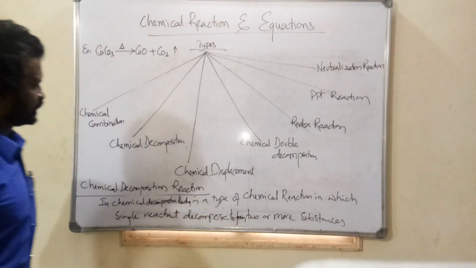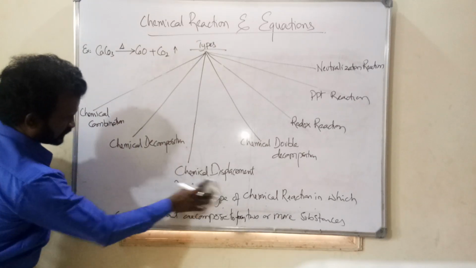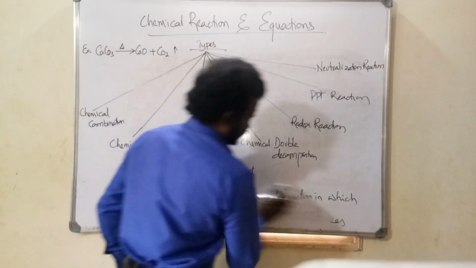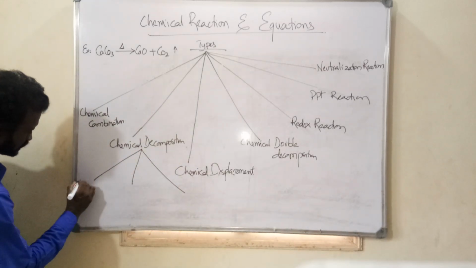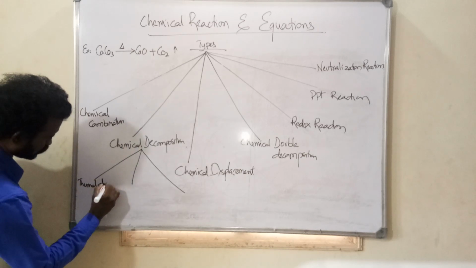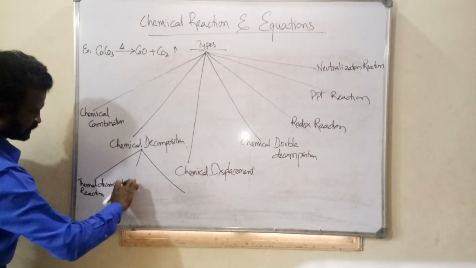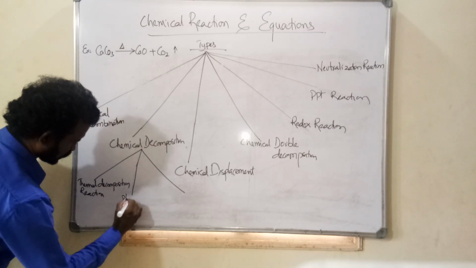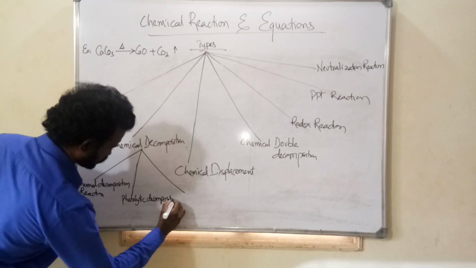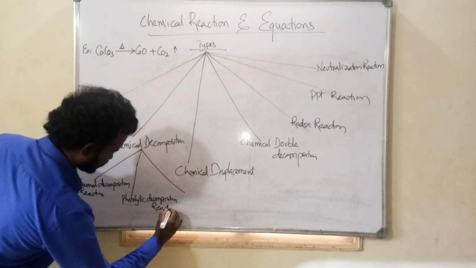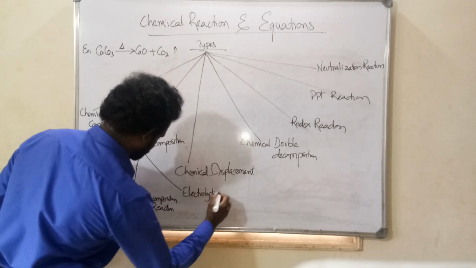So, a chemical decomposition reaction is a type of chemical reaction in which a single reactant decomposes to form two or more substances. Now, let us see the different types of decomposition reaction. There are three types: thermal decomposition reaction, photolytic decomposition reaction, and electrolytic decomposition reaction.